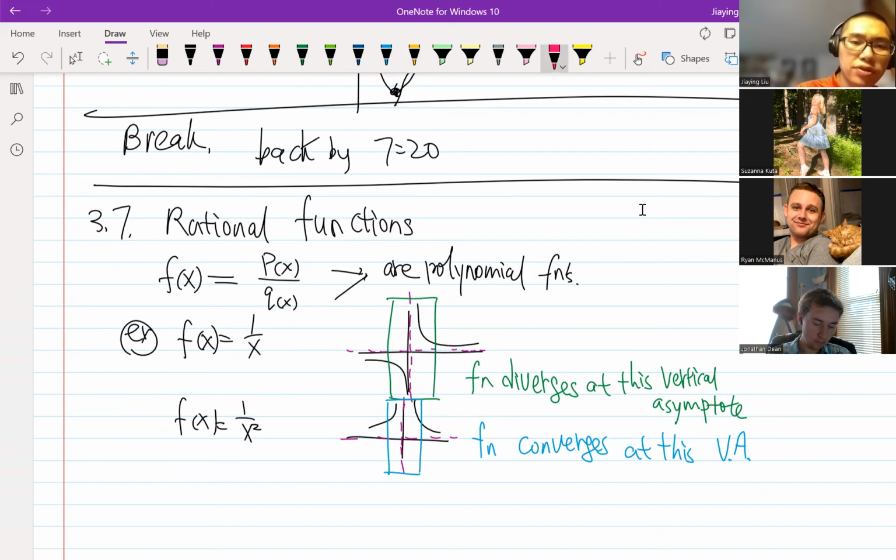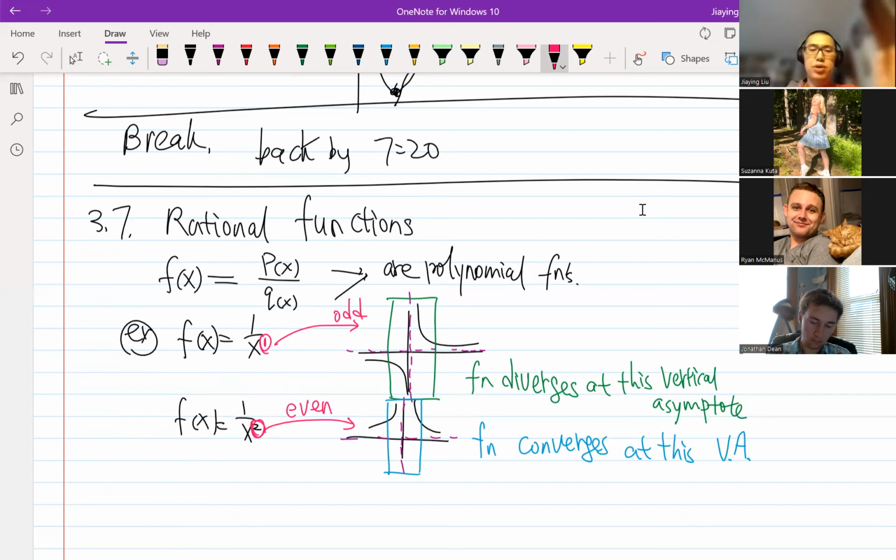In the first one, we have x to the first power, so there's a 1 here. It's an odd number, so that's why it diverges. And the power of x in the denominator of the second function is 2. It's an even number, so that's why it converges.